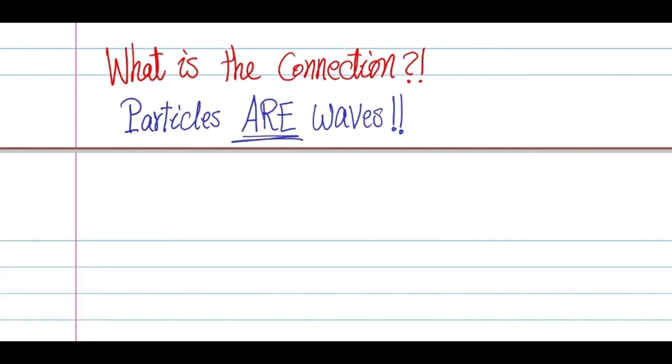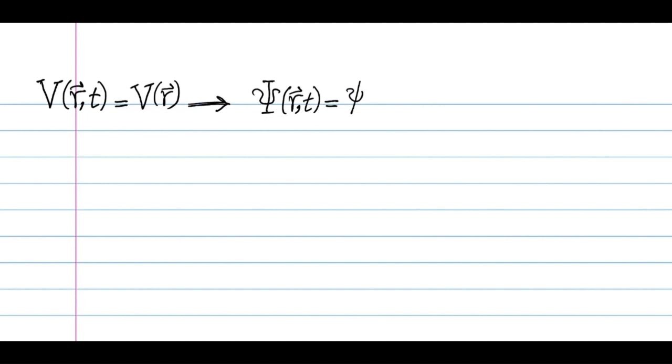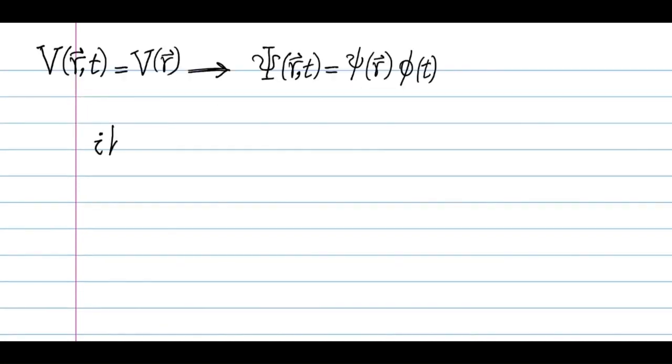Now, for conservative systems where the interactions are time independent, the potential energy is only a function of position. Then the wave function could be separated into a spatial part and a time part. And if we substitute that into the time-dependent Schrödinger equation that we wrote above, we can derive the time-independent Schrödinger equation, as we will see.